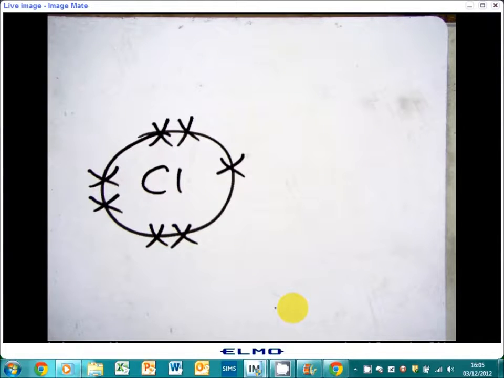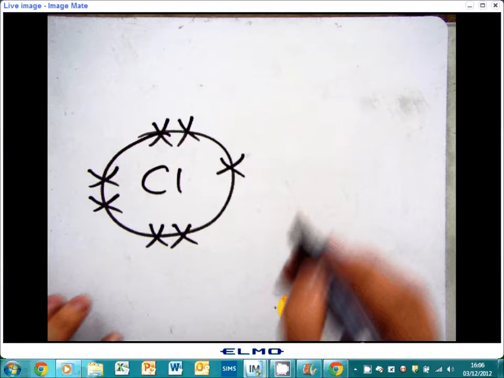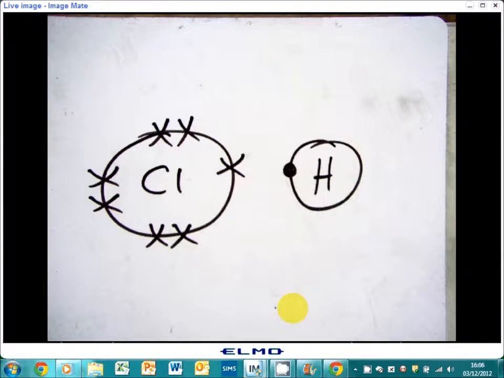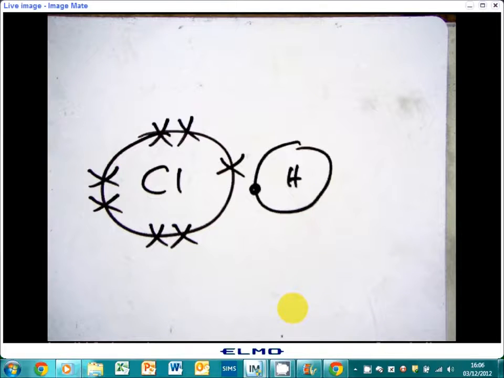So for example, if I were to draw a chlorine atom, notice how I've only drawn the outer shell here. It needs to gain one electron to get a full outer shell. If I have a hydrogen atom, that also needs to gain one electron to get a full outer shell. Because they both want to gain and can't lose, they share.